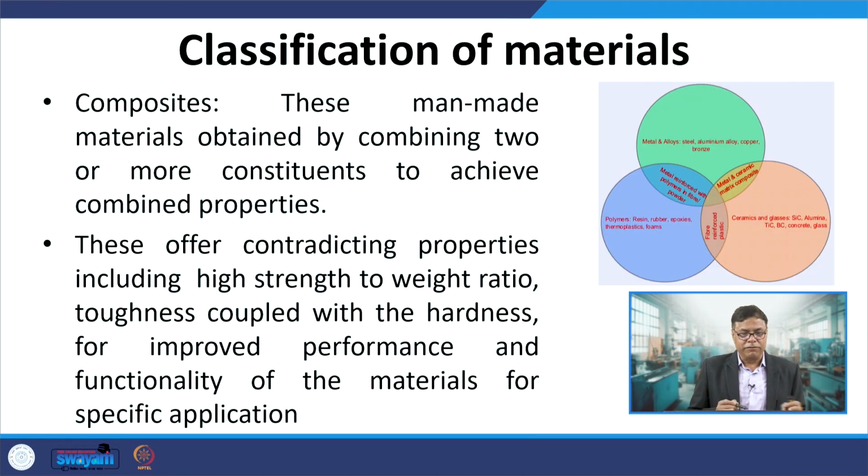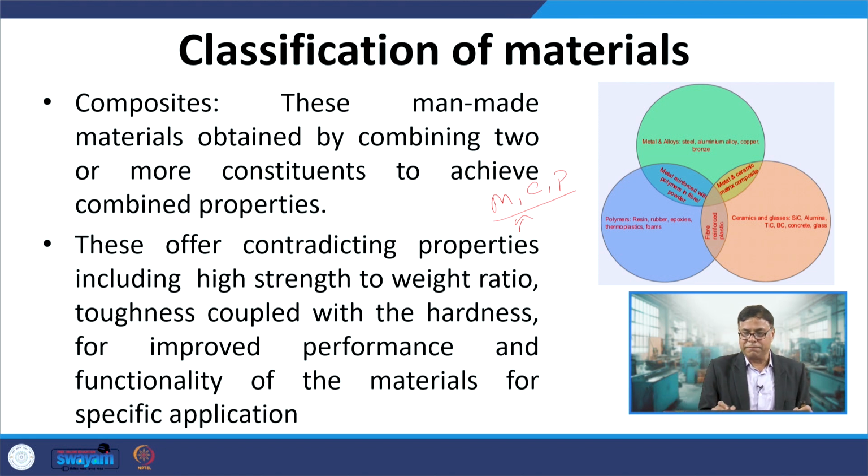Now, we have the fourth category, which is basically the hybridization of any of these materials, like we can have the metals or the ceramics or the polymeric materials reinforced or introduced with another kind of material to obtain a unique material which is termed as a composite.